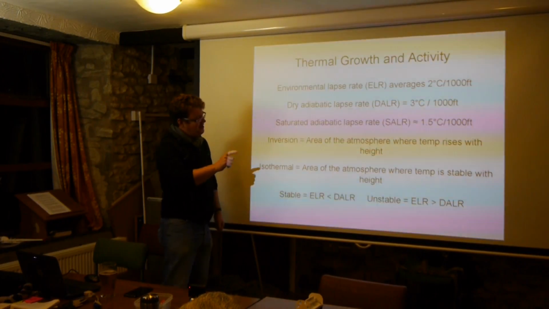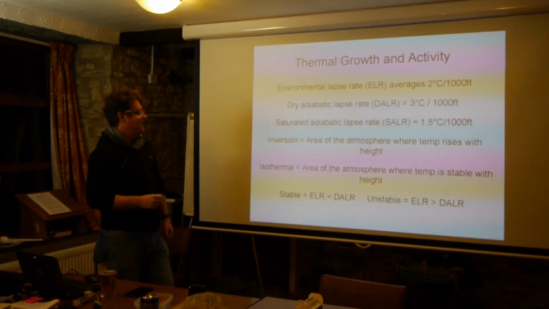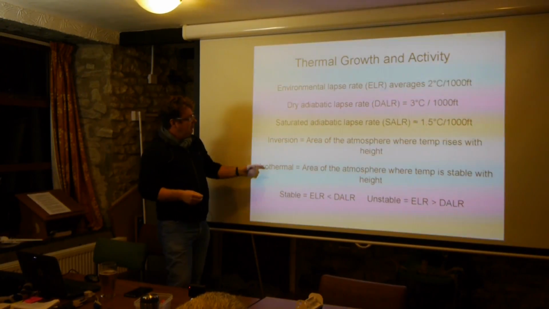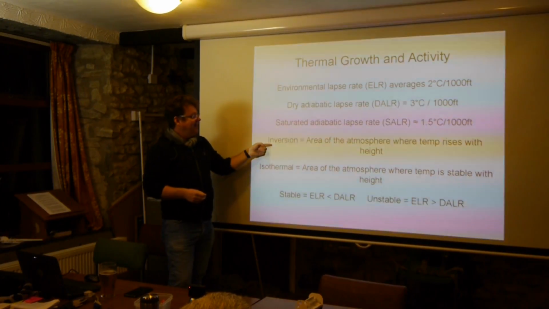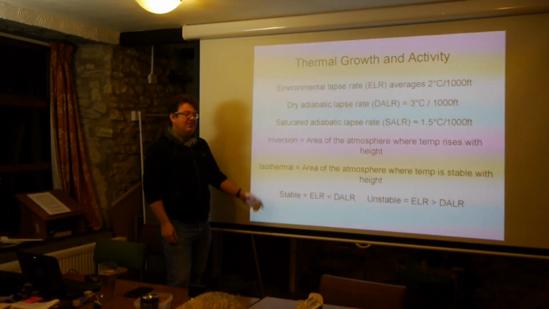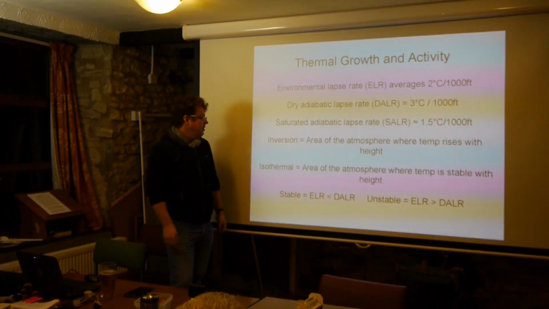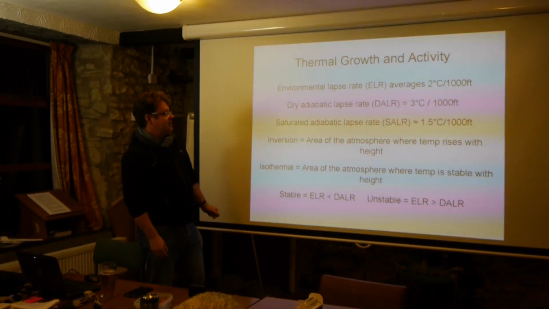Are you sure the air was getting warmer above you, or was it just not getting cold quickly enough? So less of an inversion than an inversion is an isothermal layer, and that's basically where the air isn't getting colder, it's remaining at the same temperature as you move up through it.